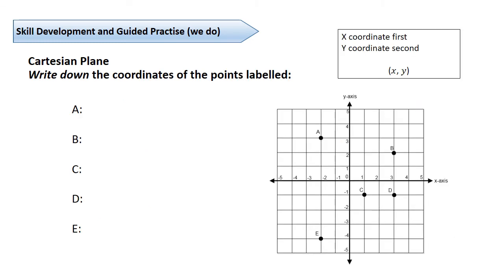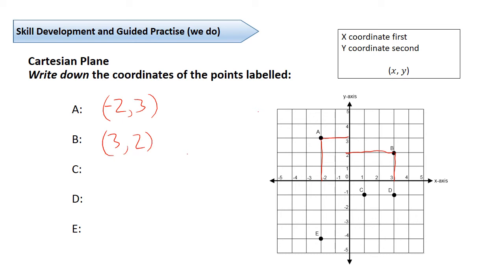Right, now it's your turn. Pause and have a go at writing down the coordinates for the A through to E. Right, for A, we've got negative 2 and 3. For B, we have 3 and 2.